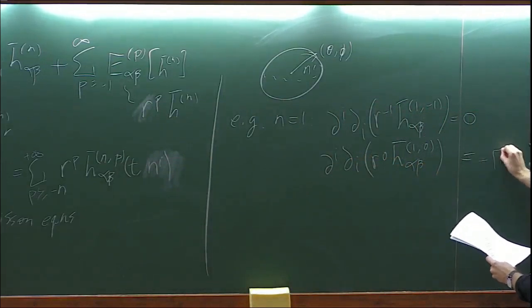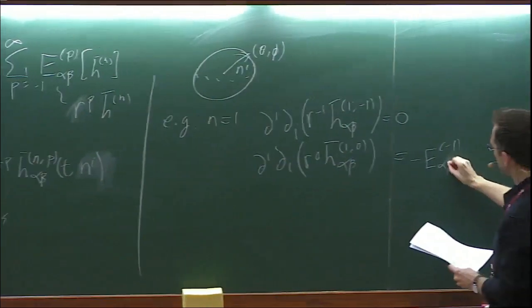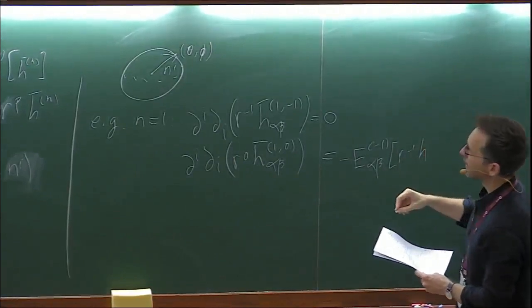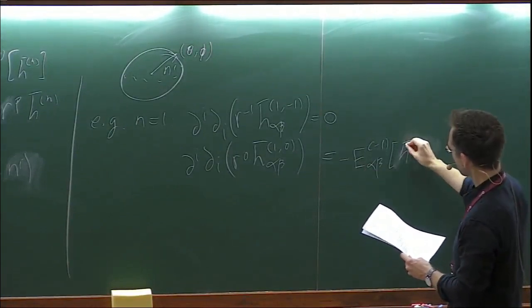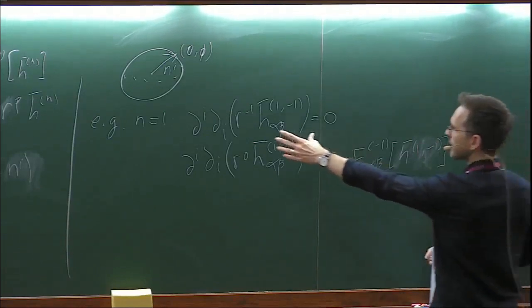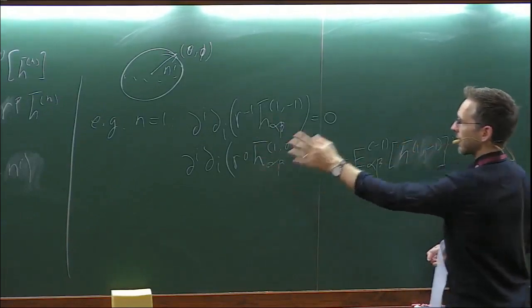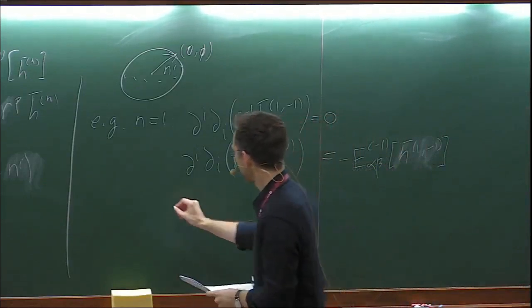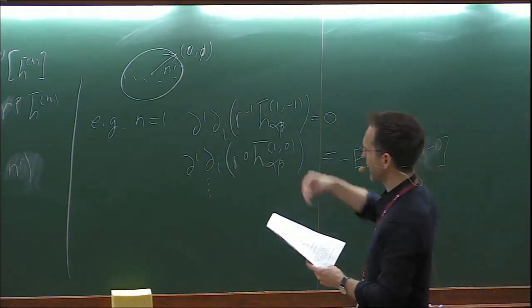And so then we'll have minus e minus 1 alpha beta constructed from h bar 1 minus 1. So you solve for the leading order term in r, then that acts as a source for the next term, and it keeps going like that. You keep having lower order terms acting as sources for the next term you're looking at.